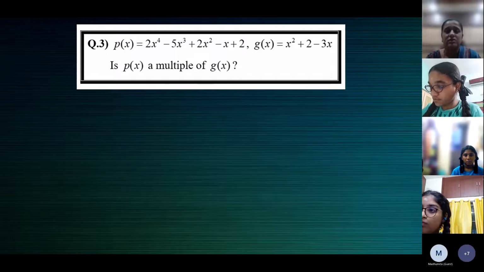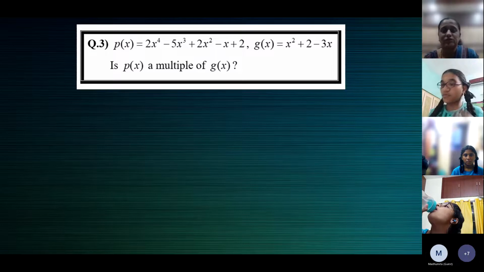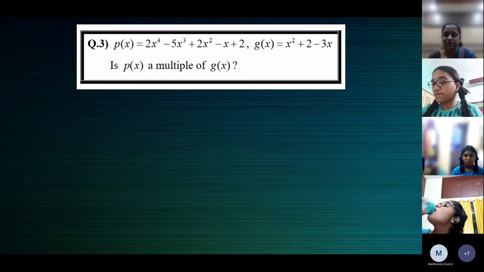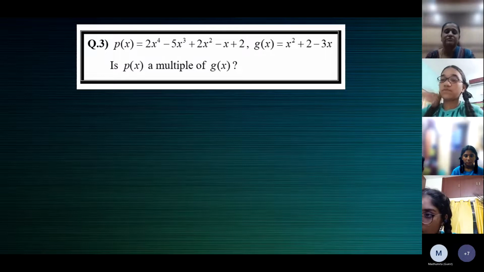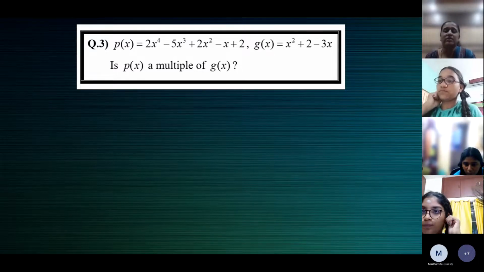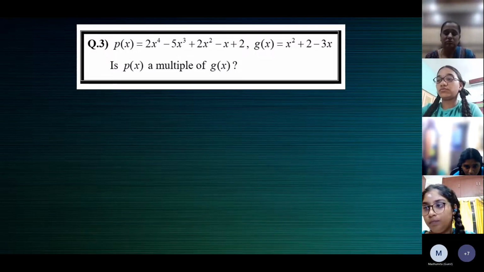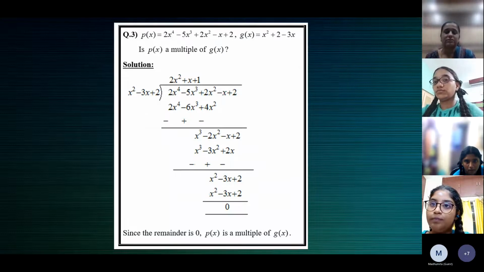If both are equal to 0, then p of x is a multiple of g of x, correct? Yes, ma'am. You can also use a long division. You're right, Madhumita. You can do it that way also. If the remainder is 0, it's a multiple.